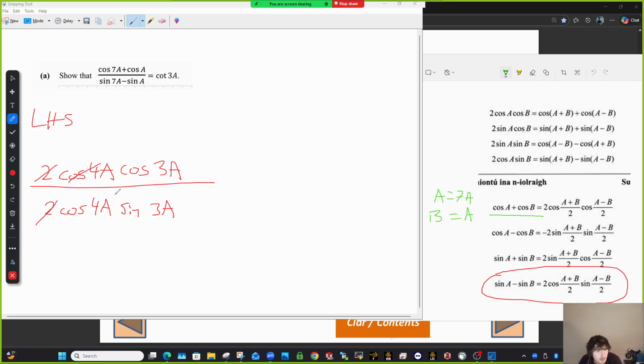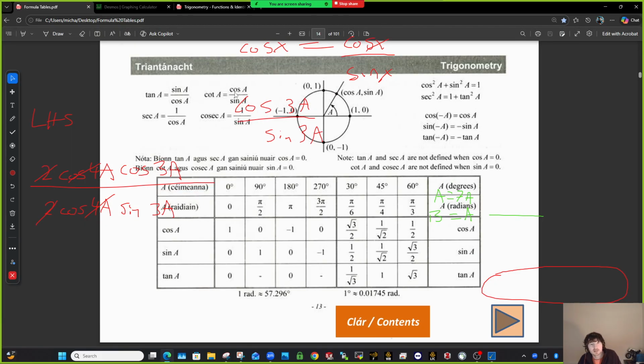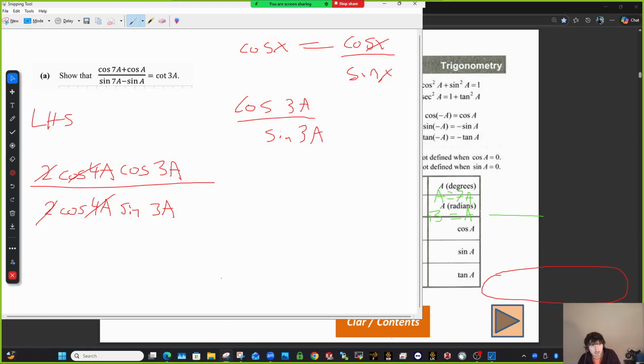The 2 is gone, the cos 4A is gone, so we're just literally left with cos 3A over sine 3A. And if you look at the definition of what cot x is, cos x over sine x, I'll show you where that definition is here in your tables book. There it is, cot is cos over sine. And so we've got a cos 3A over a sine 3A, and so that's going to be a cot 3A.